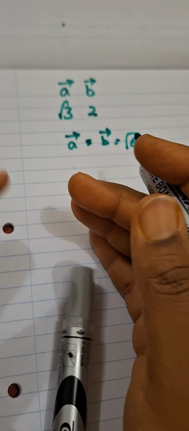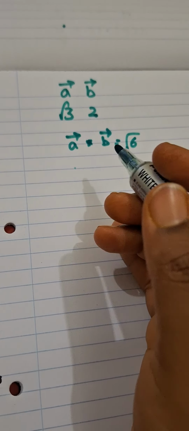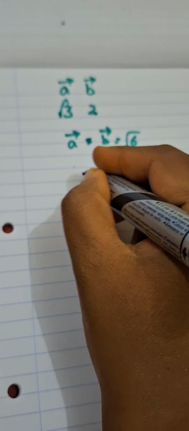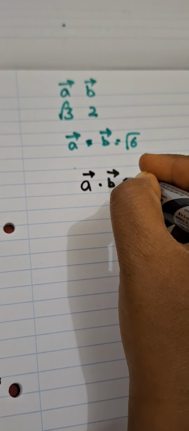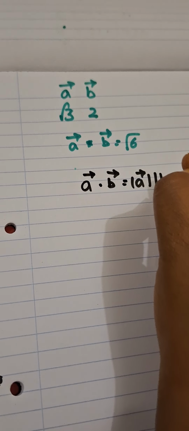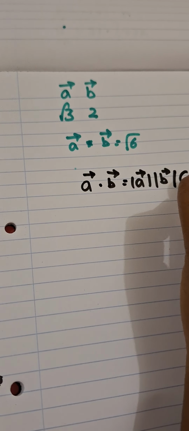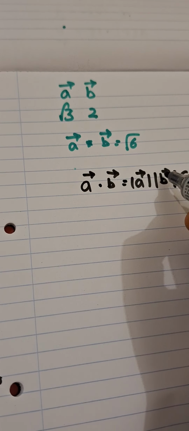We know scalar products and dot products, right? According to the scalar or dot product, we know that the multiplication of two vectors is nothing but the magnitudes of those vectors with cos theta, where theta is the angle between these two vectors.